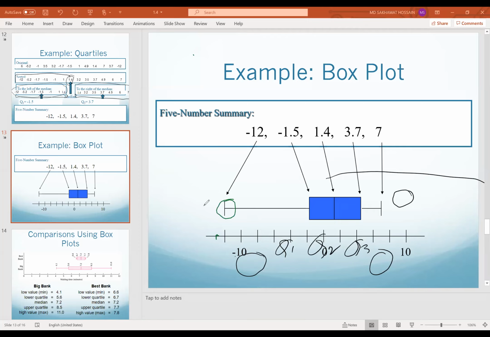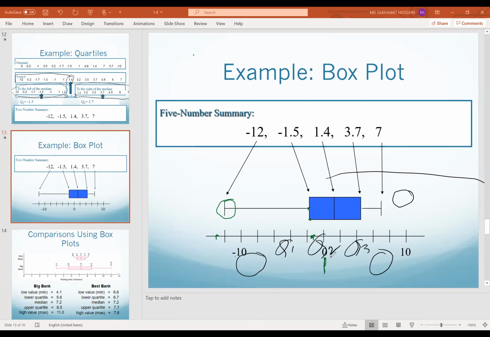So this is our -12. This is the minimum number. And Q1 is -1.5. So this is 0. So -1.5 will be somewhere here. So this is 2. So -1.5 will be somewhere here. So that's why this is our Q1.